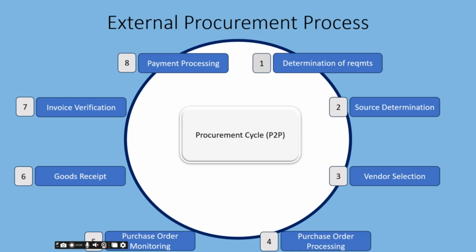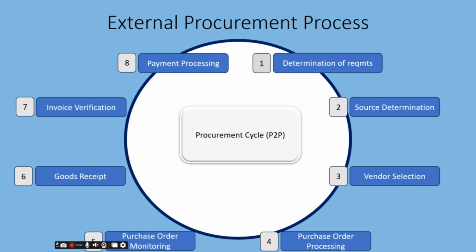To manufacture a car, we need some material: a metal sheet, a plastic sheet, seat cushion and seat cover, wheel, tire, tube, engine, steering wheel. Many things are there to manufacture a car. So we need to buy all these materials from a vendor or from a supplier. When the need arises, we will initiate the procurement process.